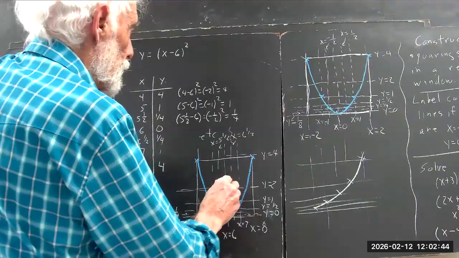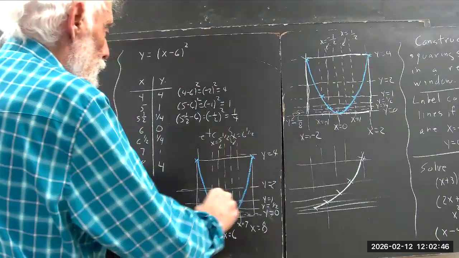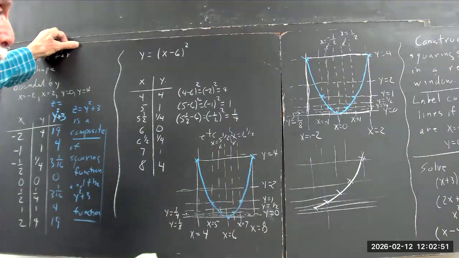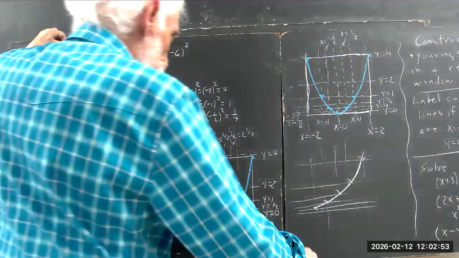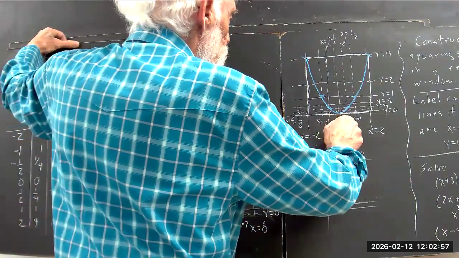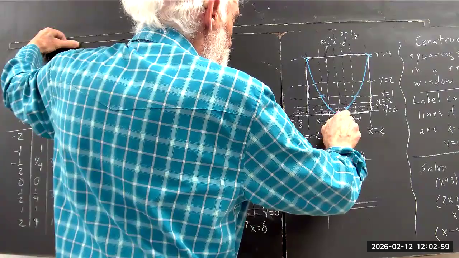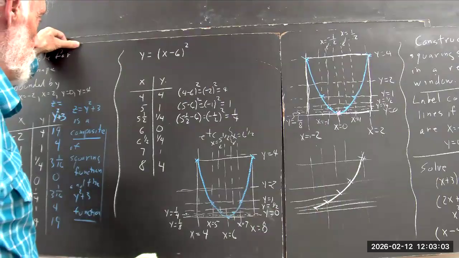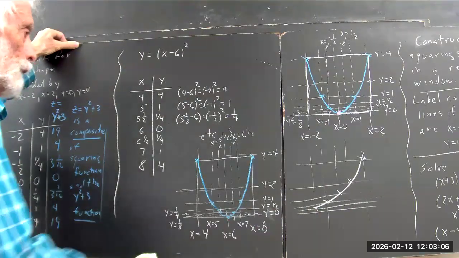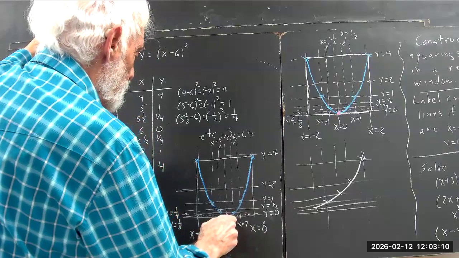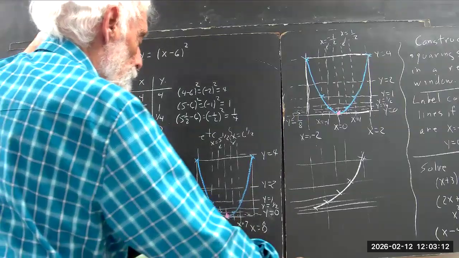Okay, to compare this graph to this graph, it has exactly the same shape within its rectangle. What's the difference? Well, the difference is the point where x equals 0 and y equals 0 on this graph is right here. The corresponding point in this graph is right here.